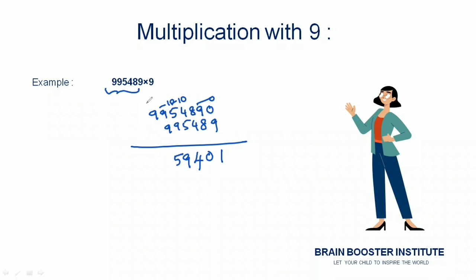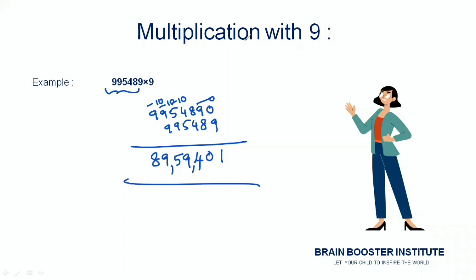And again, there is 8, my dear friends, and again take a carry forward. 18 minus 9 is equal to 9. And 8. Wow, wonderful, my dear friends. 89,59,401 is the answer. Now let's see whether it is correct or not with the general multiplication method.